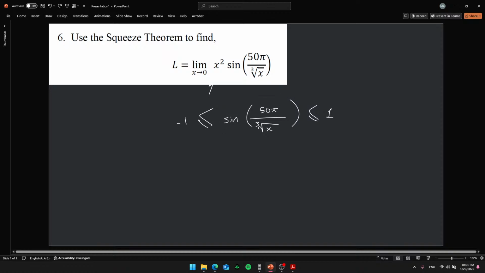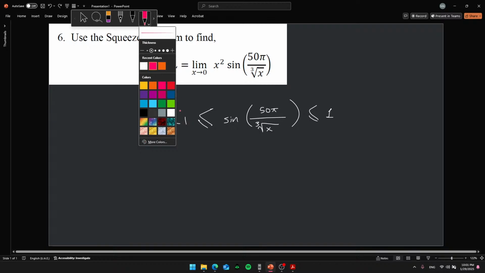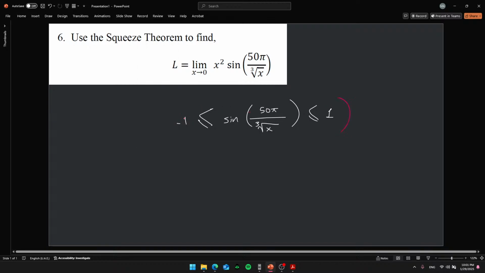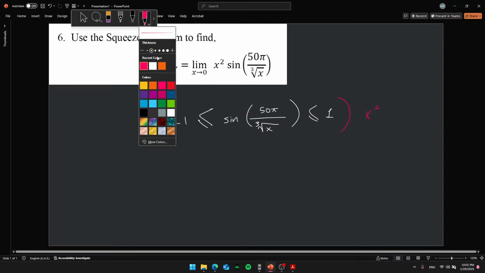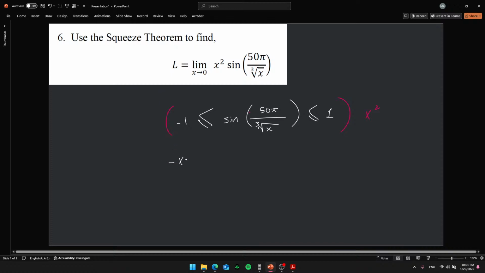So we have x squared missing. So we need to multiply all of this by x squared, so we have it back. Now distribute the x squared. Negative x squared is less than or equal to x squared sine 50 pi over cube root of x, which is less than or equal to x squared.